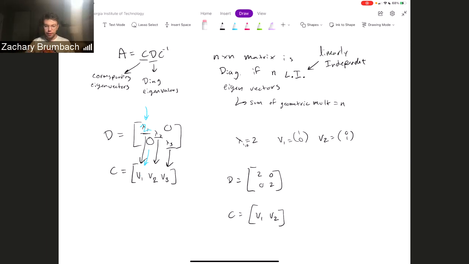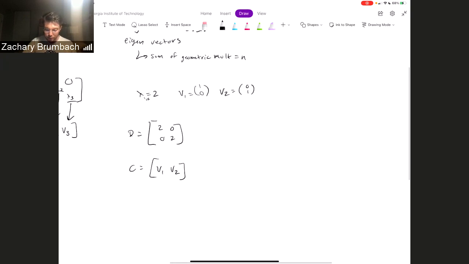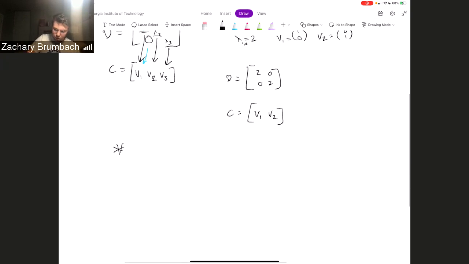Another really important statement to know: C distinct eigenvalues means you have at least C eigenvectors.